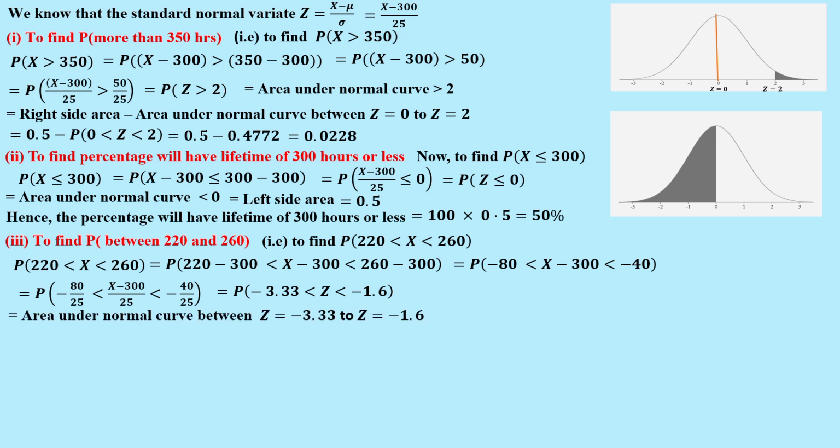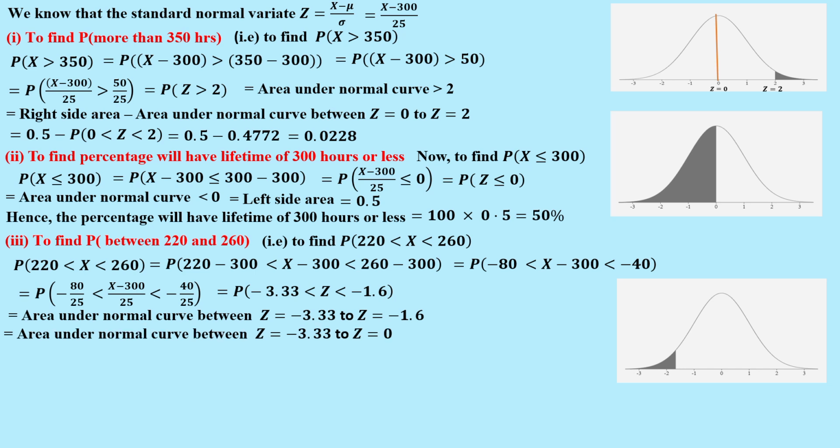So the area between minus 3.33 and Z equal to minus 1.6, this is the area. So the area under the normal curve from Z equal to minus 3.33 to 0, the big area, minus the small area, minus the area under the normal curve from Z equal to minus 1.6 to Z equal to 0.